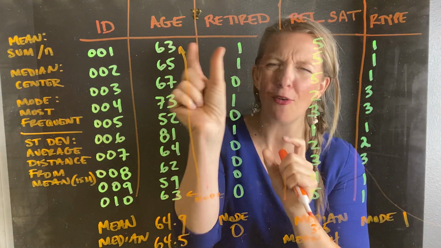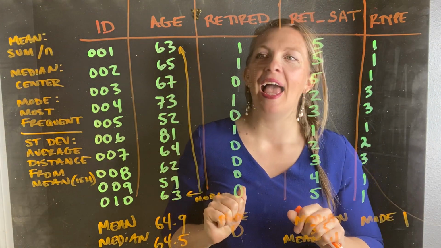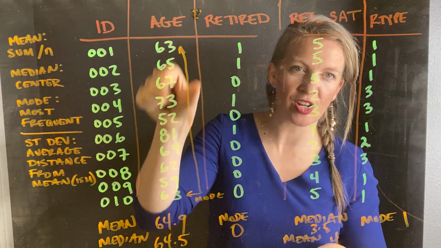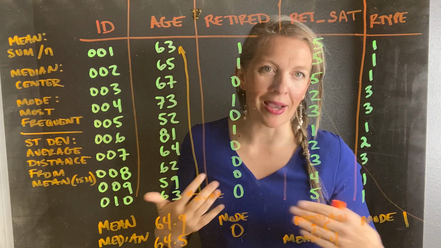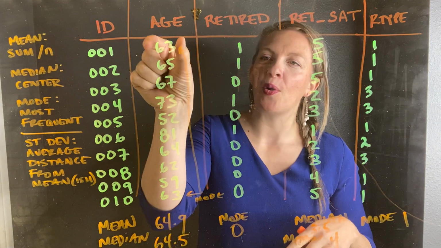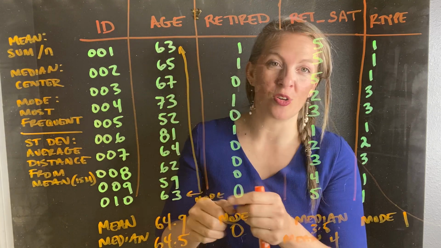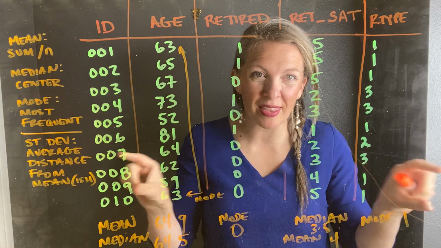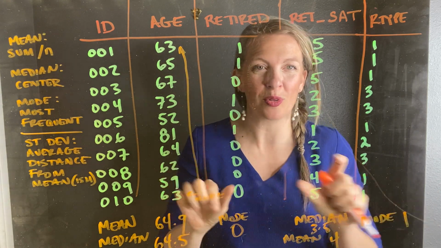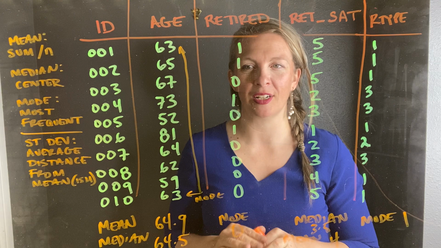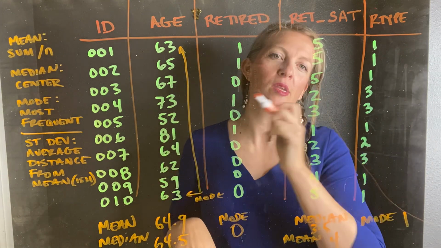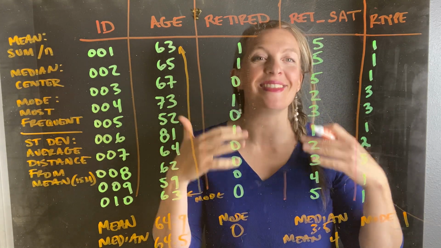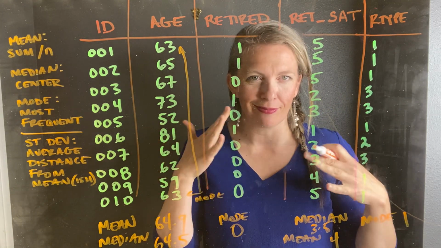So you're really just trying to figure out how far away each of these is from the mean. And then you're going to divide that by the number of observations there are here, minus 1. That's why it's an ish. So you're going to divide that by how many there are. So again, we're collecting how far away each individual is. And then if we spread that all out evenly across the individuals, how far on average are they from the mean? So again, in the formula, you would then take the square root of the whole thing, again, ish. But I want you to think about it as the average distance from the mean, ish.